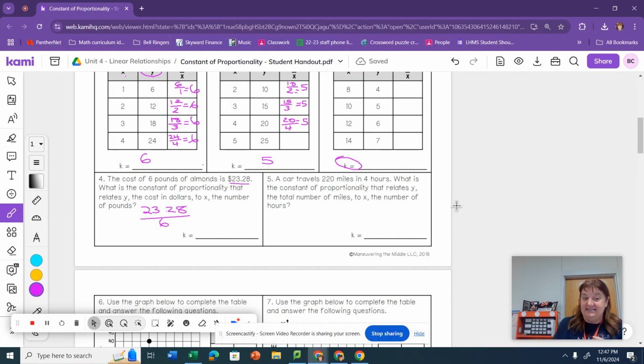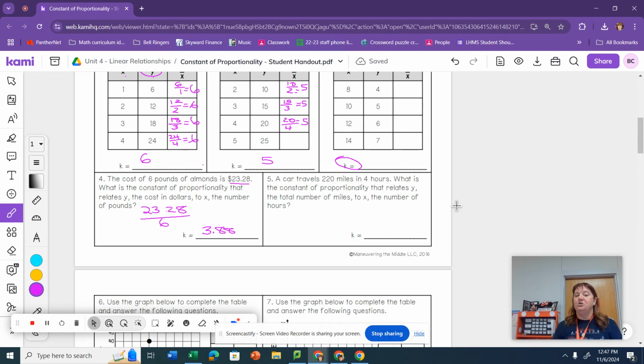This is the independent, this is the dependent. If you calculate that out, you're going to get 3.88. That's your constant of proportionality. If you had 7 pounds, it would be 7 times the 3.88. If you had 8 pounds, it'd be 8 times the 3.88.